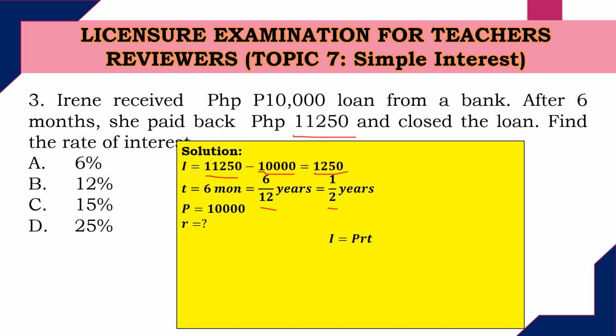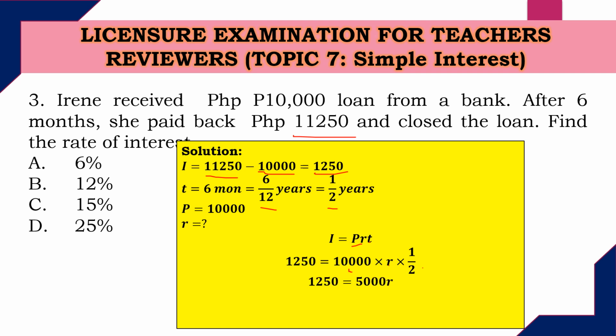So we are going to substitute the given values in the formula. We have the I, which is 1,250. The principal, or the amount of the loan, which is 10,000. The R is what we are looking for. And the time is 1/2 year.